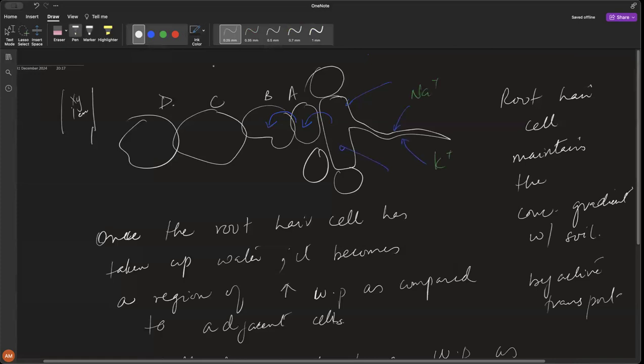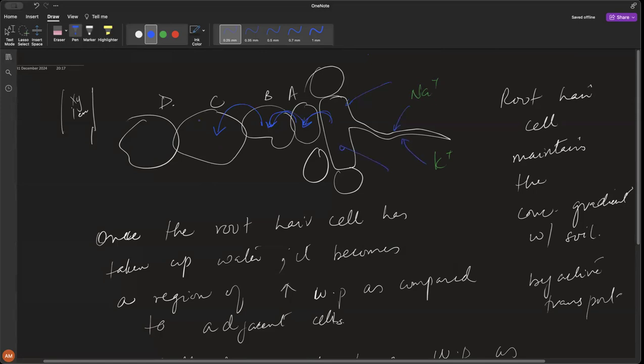Once more water moves in, A is going to become a region of lower water potential. The water moves from the root hair cell into cell A. Once cell A receives water, cell B becomes a region of lower water potential, and the water moves from A to B. Once B receives the water, it becomes a region of higher water potential as compared to cell C, so the water moves from B to C, right?